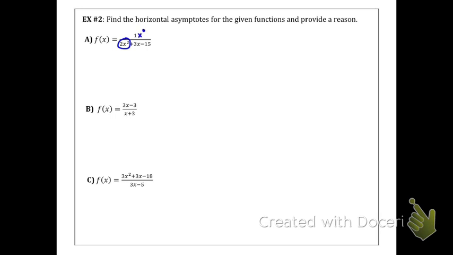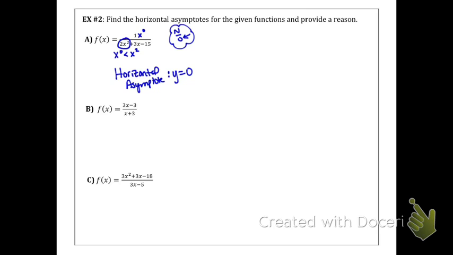So because x to the 0 is less than the x squared, it's on bottom, so I know that my horizontal asymptote is going to be y equals 0. It's on bottom, that O is for y equals 0.